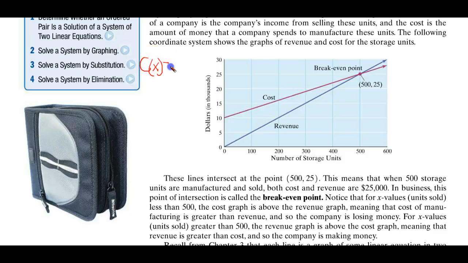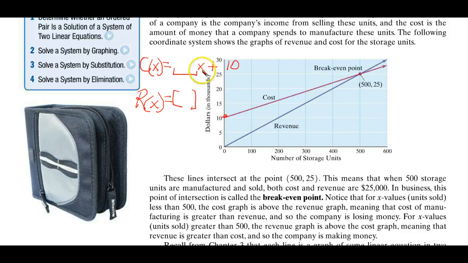Cost is such that, and then we have usually some fixed prices of a certain item plus some basic costs. In this case, it's going to be like 10. That's where it's starting here. And then we have a revenue function, where we sell each item for a certain price, and that would be right there.